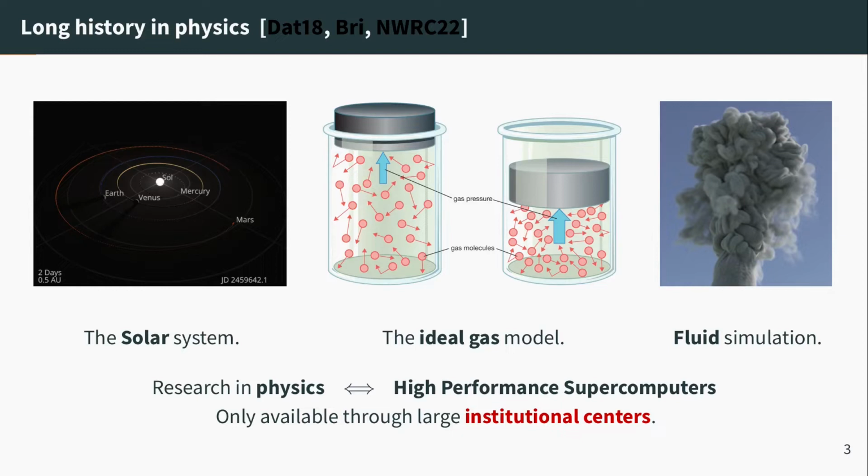So this is really where computers come from. And historically, those kinds of large, high-performance supercomputers, those clusters that physicists use to simulate plasmas, have only been available through large institutional centers. So basically, if you work at the CEA, you have access to the clusters of the CEA.